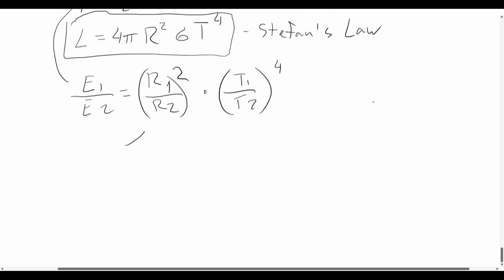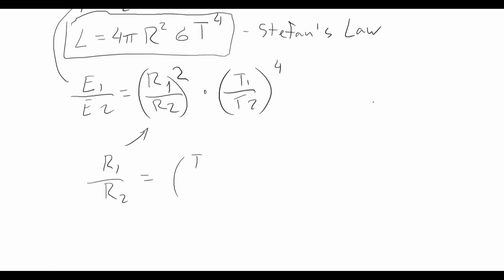From this, we can find the ratio of radii. R1 over R2 equals (T2 over T1) squared times the square root of E1 over E2.